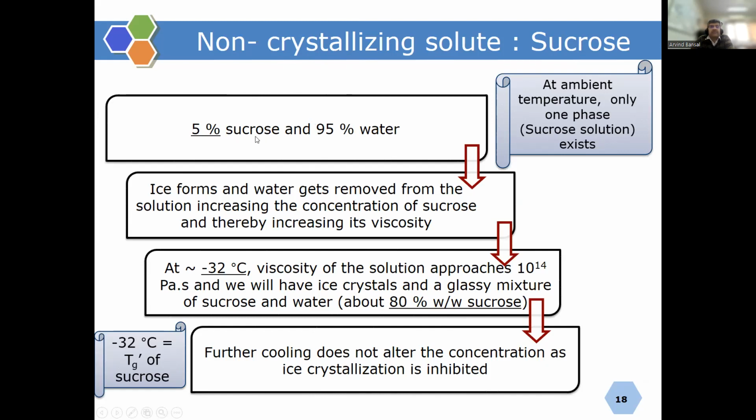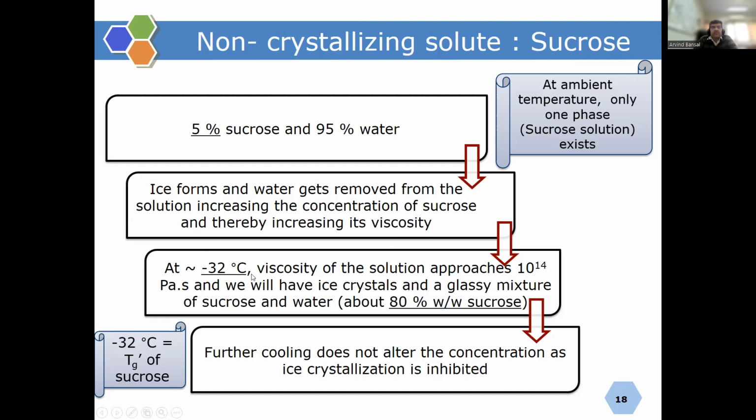If we take a 5% sucrose solution, it will have 5% sucrose and 95% water. And at ambient temperature, only one phase, that is sucrose solution, exists. Ice forms and water gets removed from the solution when we cool it, increasing the concentration of sucrose and thereby increasing its viscosity.